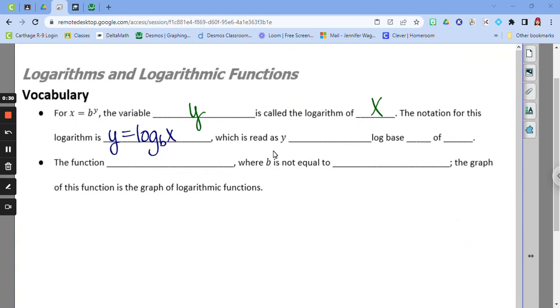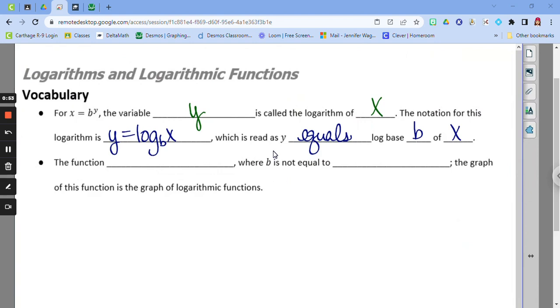B is written as a subscript. Your base is written like that. You need to make sure your subscript is small and not the same size as x. It should look like a subscript. So it's read as y equals log base b of x.